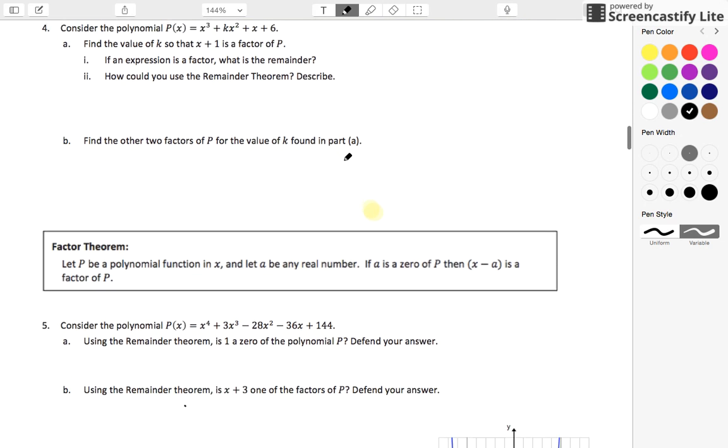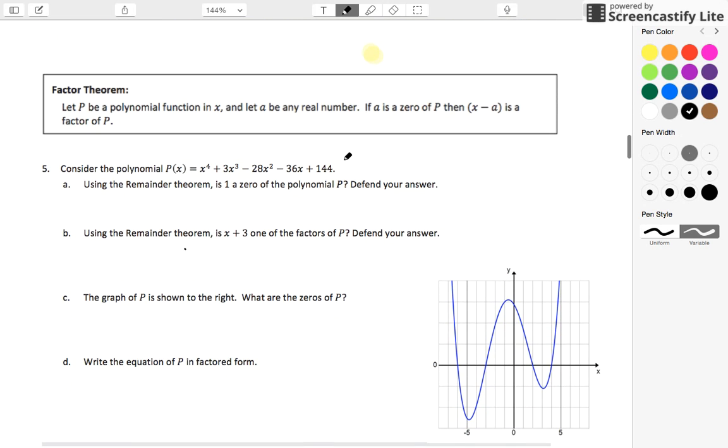And this is just a recall that, remembering that if a is a zero of a polynomial, then x minus a is a factor of p.